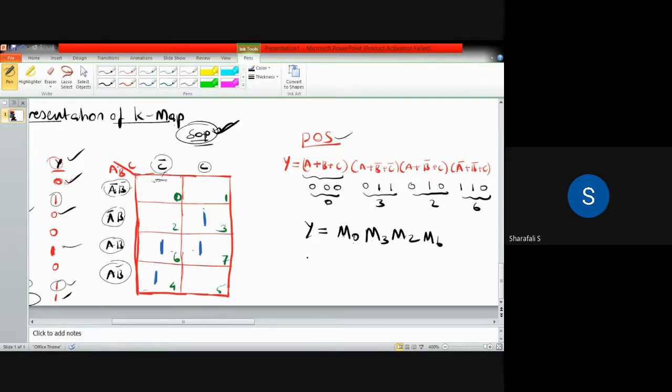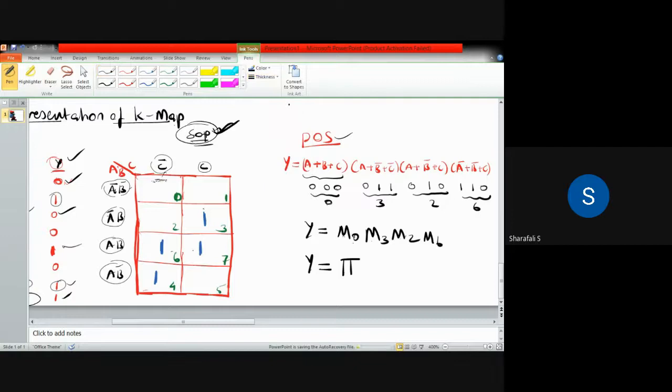This can be represented as Y equal to Pi of capital M, or sometimes you can write it as product also.